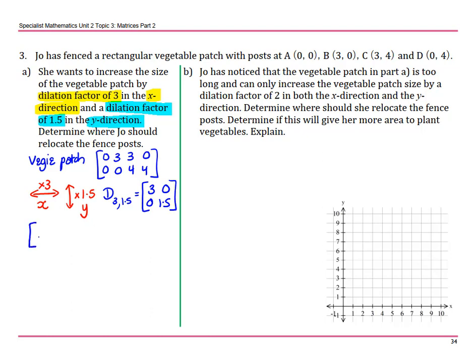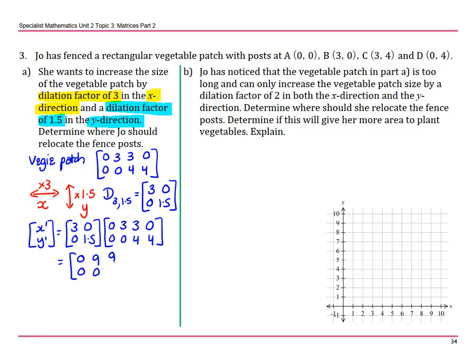So our image is going to equal that dilation matrix times by the matrix for our fence posts. Throw that on your calculator if you want, or do it by hand. There's lots of zeros, so it's not that difficult.